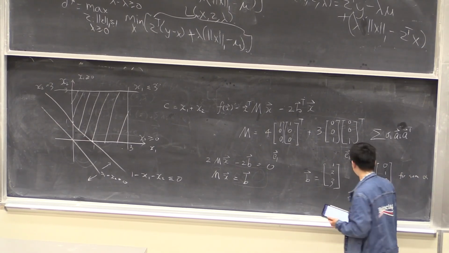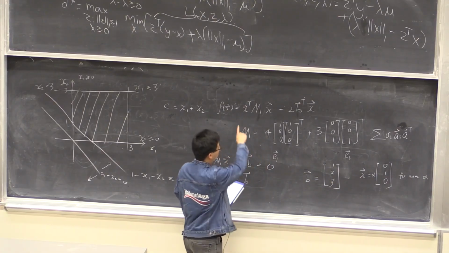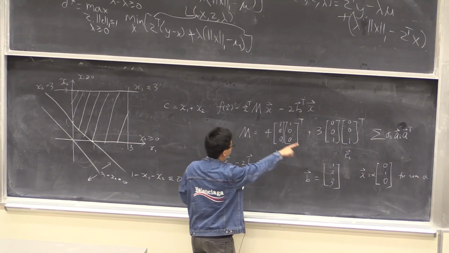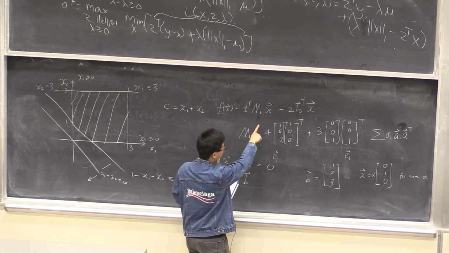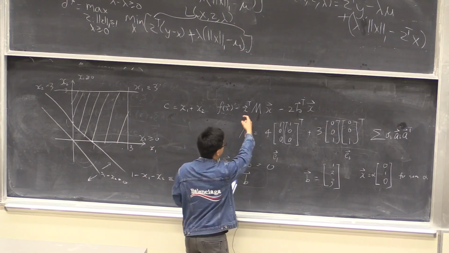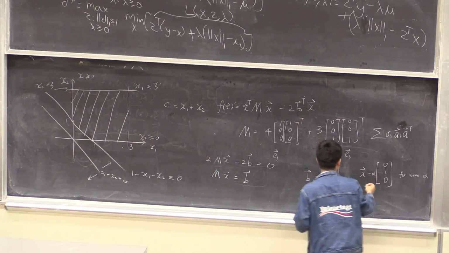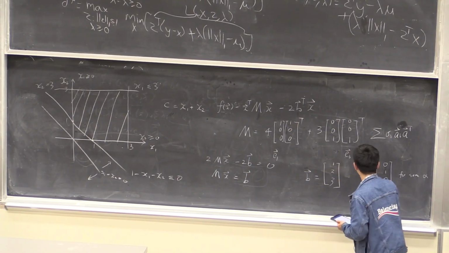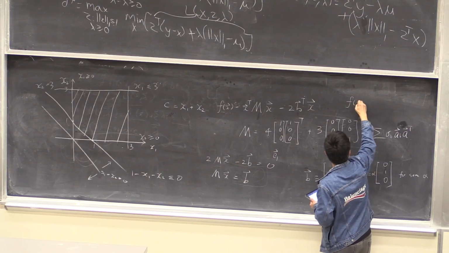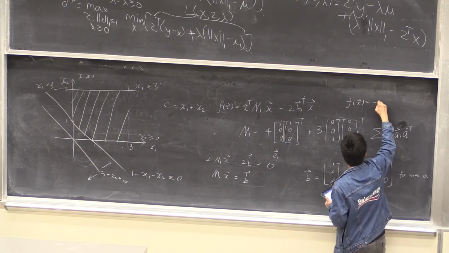Then we plug in this formulation, and because it's in the null space, this part will evaluate to 0, and this whole objective function becomes minus 2 alpha.